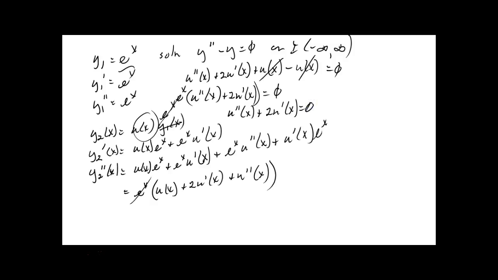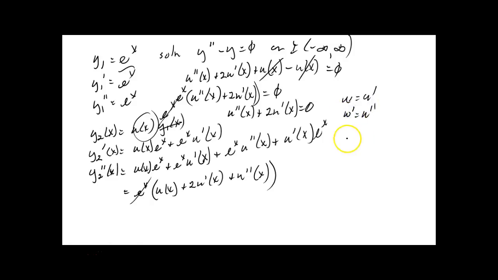Now, if we make the substitution w is equal to u prime, okay, so w is equal to u prime, then w prime would be u double prime.